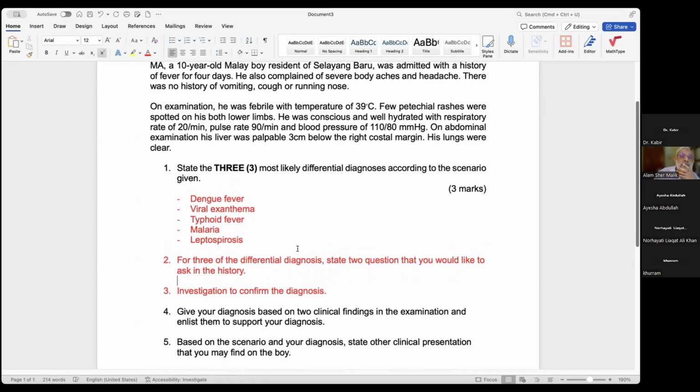So your model answer should be quite elaborate on that. So first ask for the most likely differential diagnosis, then ask, let's say, the 2 relevant questions about each differential diagnosis, or maybe 2 investigations for each differential diagnosis.